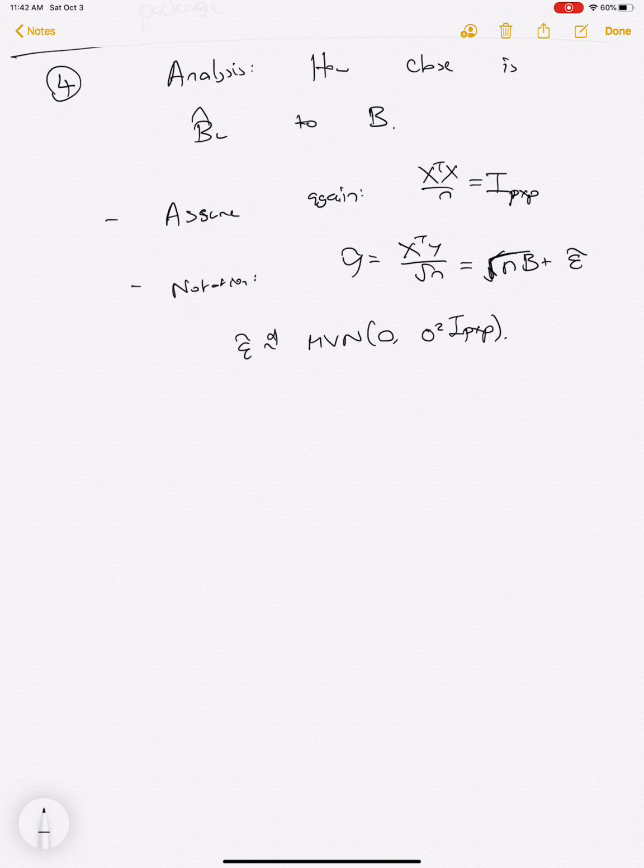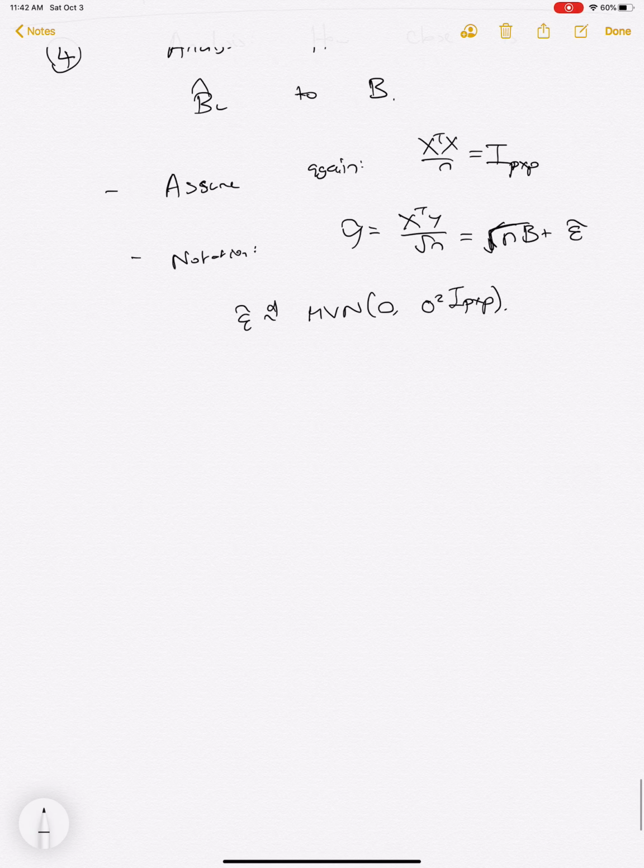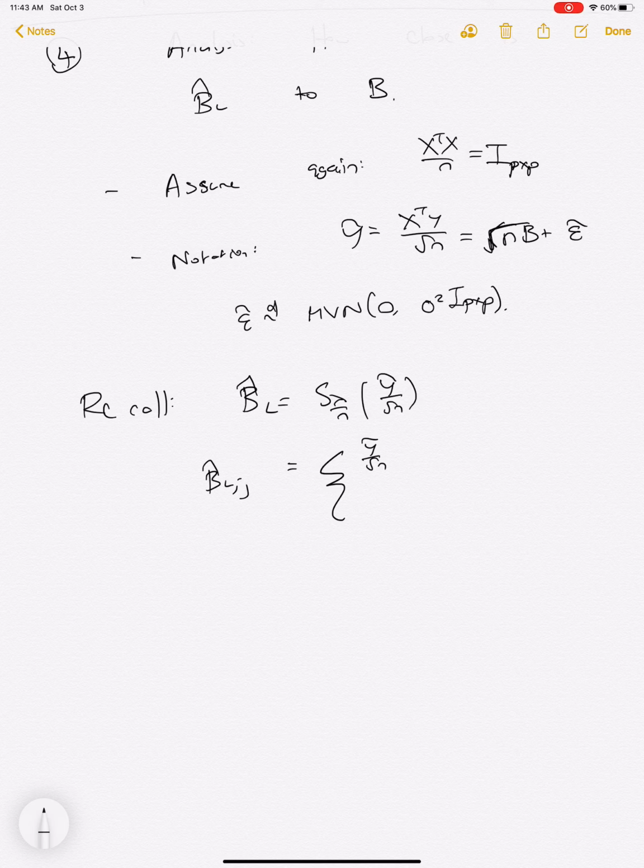Remember that B hat L is equal to the soft thresholding operator applied to y tilde over square root of n. To write it out fully, B hat L j is y minus lambda over n.